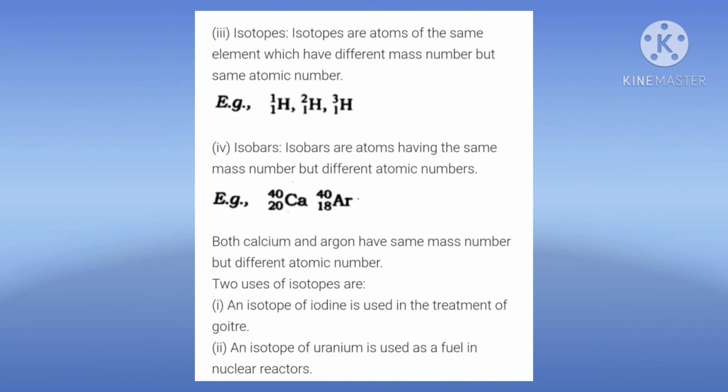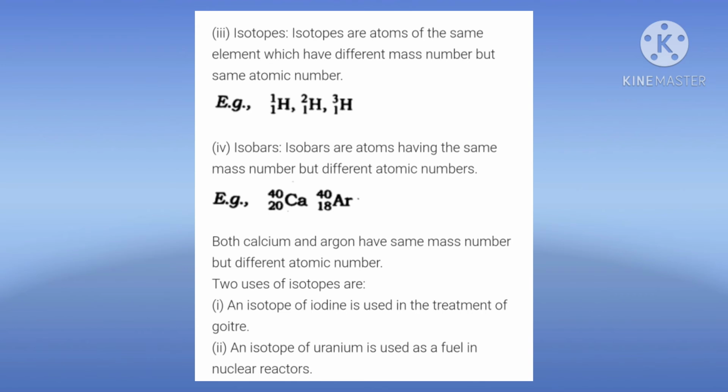Isotopes are atoms of the same element which have different mass numbers but the same atomic number. As you can see, these are the different isotopes of hydrogen. The first one is H11: the mass number is 1, atomic number is 1. In deuterium, the mass number is 2 and the atomic number is the same, 1.